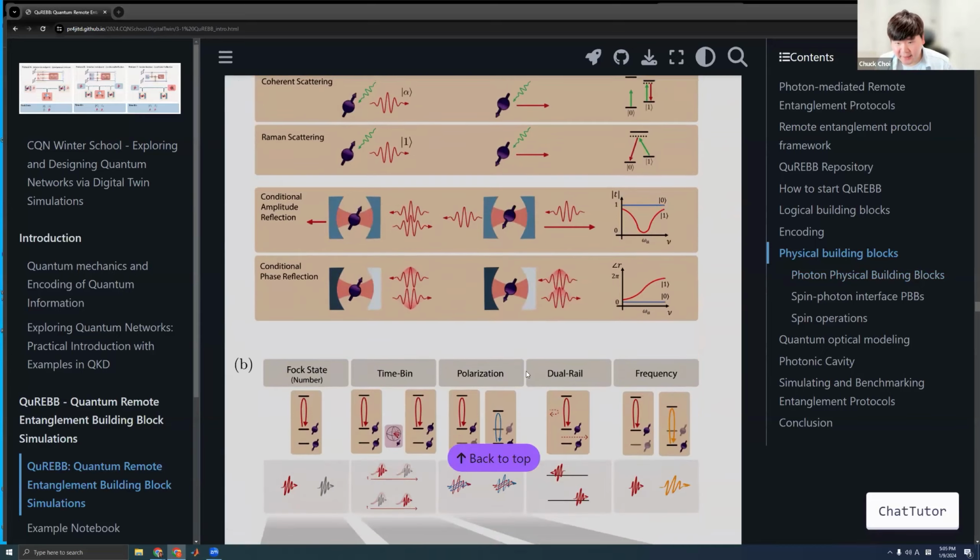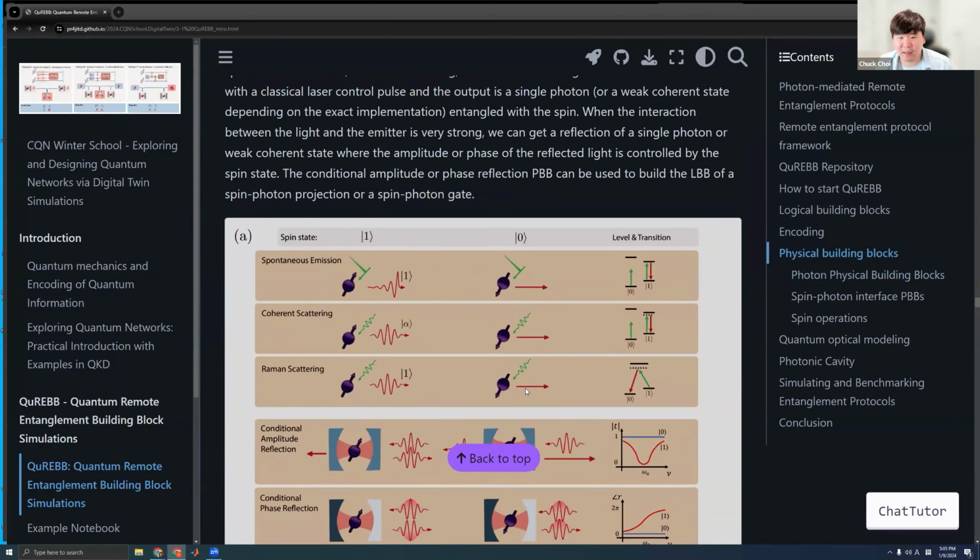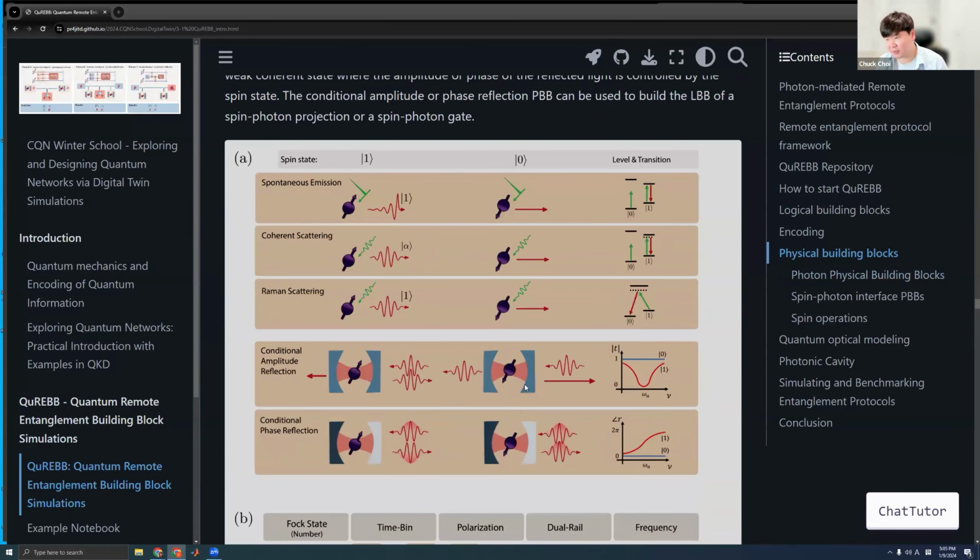So lastly, in the physical building block, the most important part is actually the spin-photon interface. The spin-photon interface can also be implemented in multiple different ways. For example, if it's a spin-photon emission, we can use the spontaneous emission of the spins, or we can use the elastic scattering of the photons, which will scatter the photon into the coherent states.